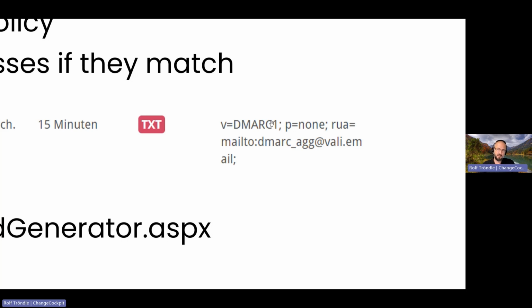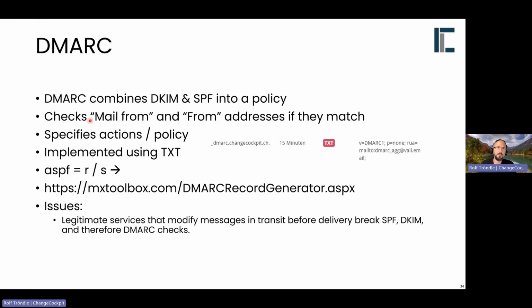If you have DMARC published with a RUA or RUF email address, then the receiving system like Microsoft or Google will send back every day a summarized report to this email address, so you can analyze if someone else, or a legitimate system which you forgot to add to SPF as an example, exists, and then you can add them accordingly or correct your records.